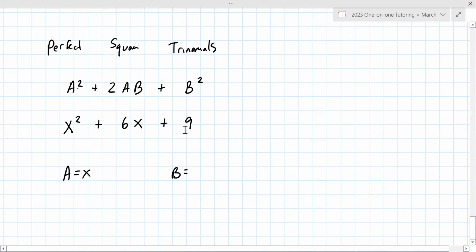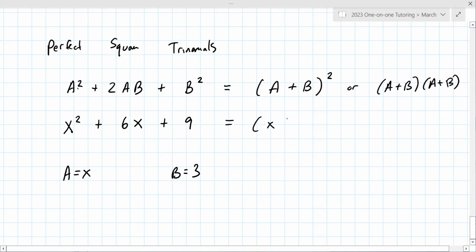Okay, so take one more look at this. Oh, 3. Yes, 3. Now the top always factors into (a plus b) squared, or sometimes it's written as (a plus b) times (a plus b). So in your problem, that would be (x plus 3) squared, or (x plus 3) times (x plus 3).